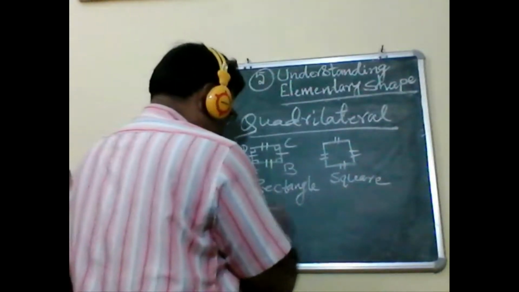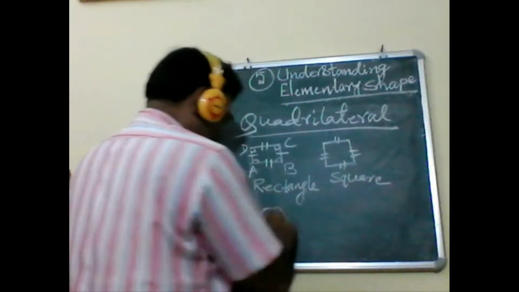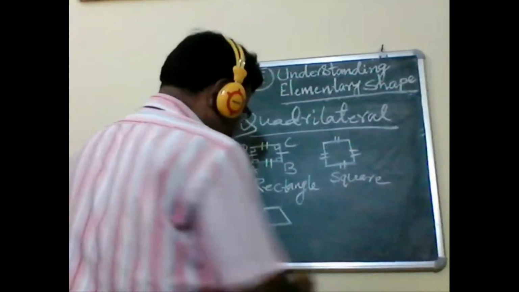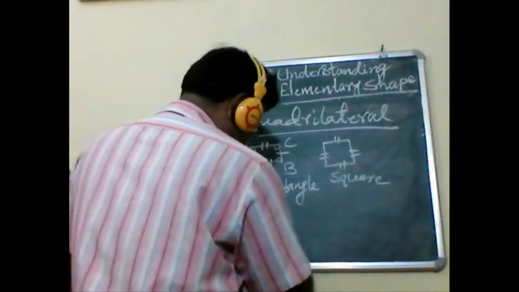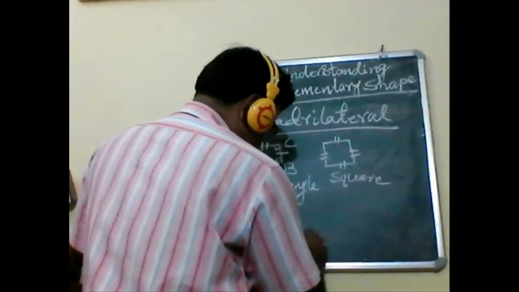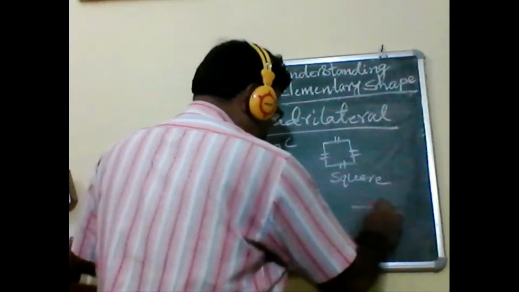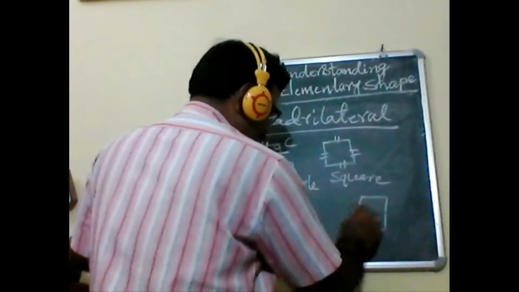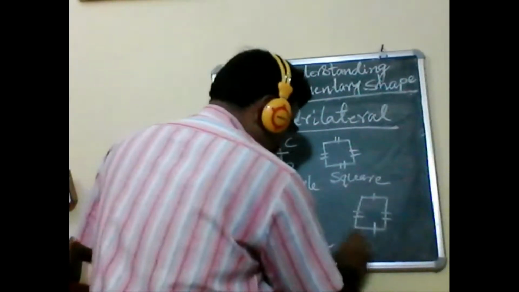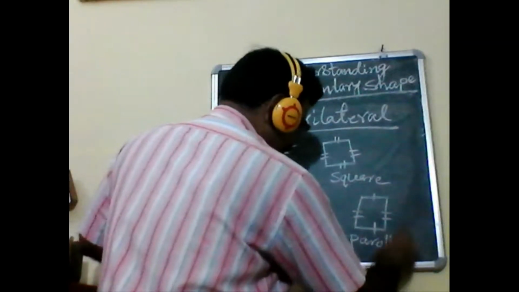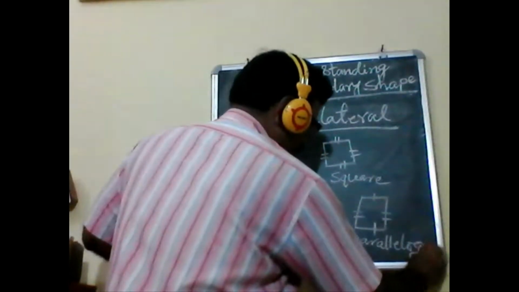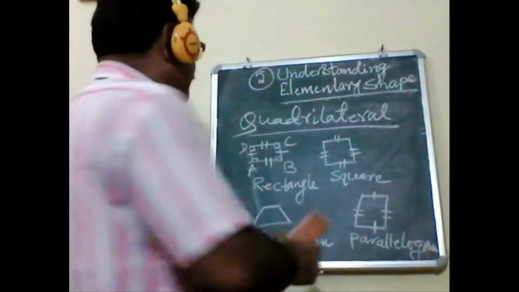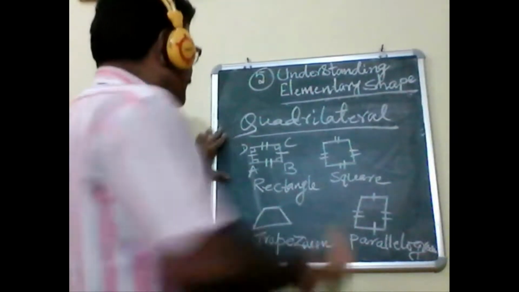If one pair of opposite sides is parallel and none of the sides are equal, this is called a trapezium. While if the opposite sides are parallel and equal, this is called a parallelogram. So very easily we can identify the different types of quadrilaterals.